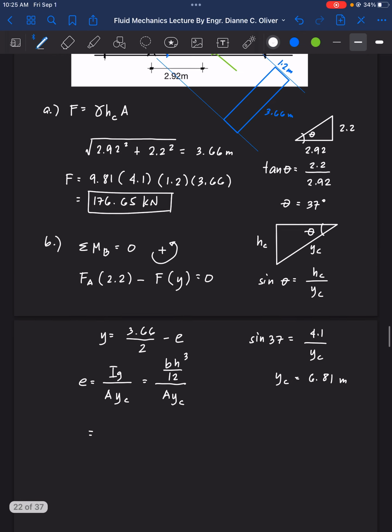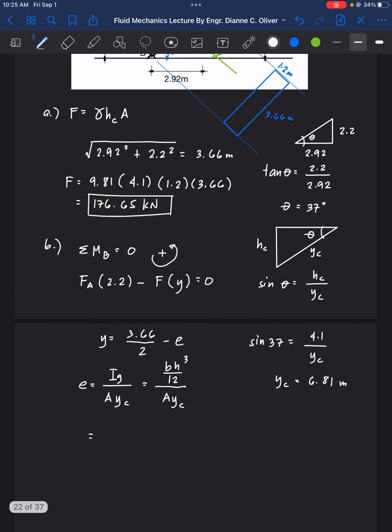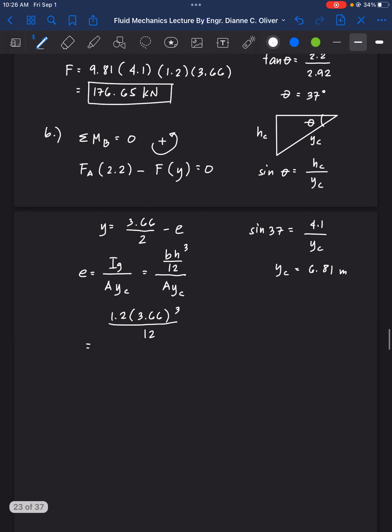We can now use it in our calculation for E. Base of the gate is 1.2, and the height of the gate is 3.66 raised to 3 divided by 12. Then the area of the gate, rectangular area, is 1.2 times 3.66 multiplied with YC 6.81.